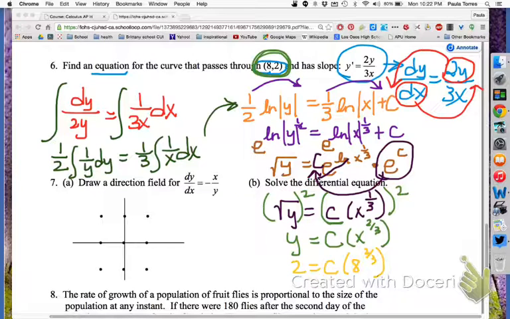And 8 to the 2/3 would be 4, which will make c be 1/2. So that original equation is y equals 1/2 x to the 2/3. Just a little bit of work.